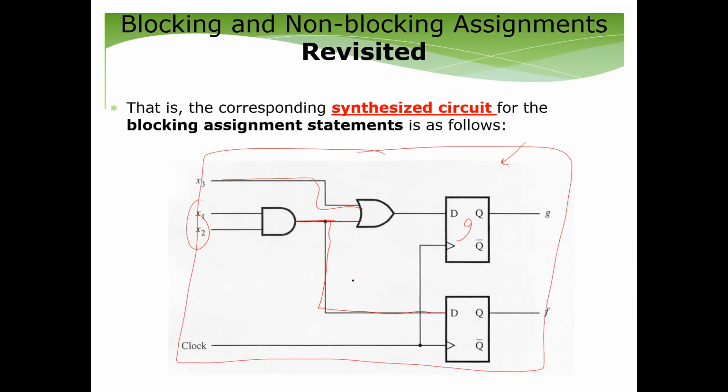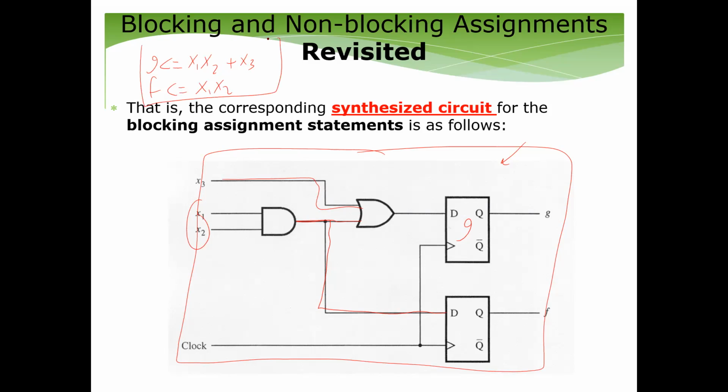Now, the same circuit can be written in non-blocking assignment as follows. If I want this circuit in non-blocking assignment, it's going to be different. I can write G takes on the value of x1, x2, or x3, and F takes on the value of x1, x2.